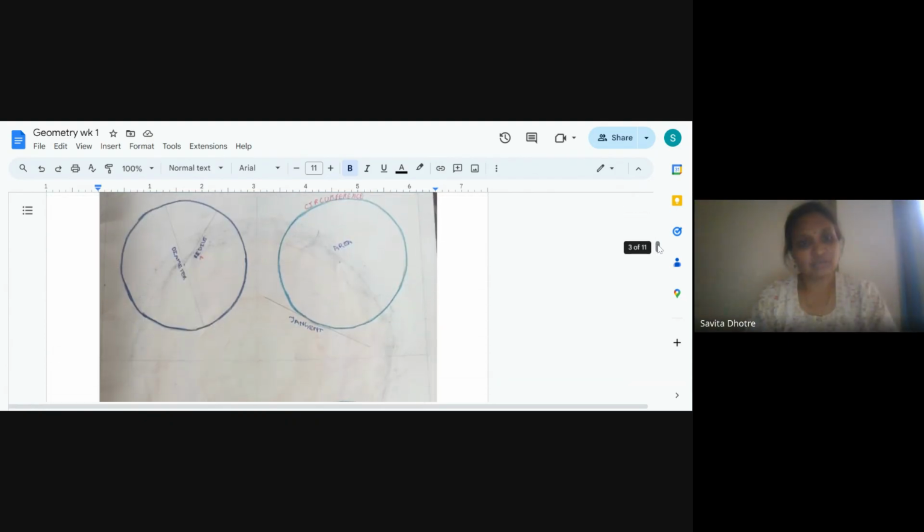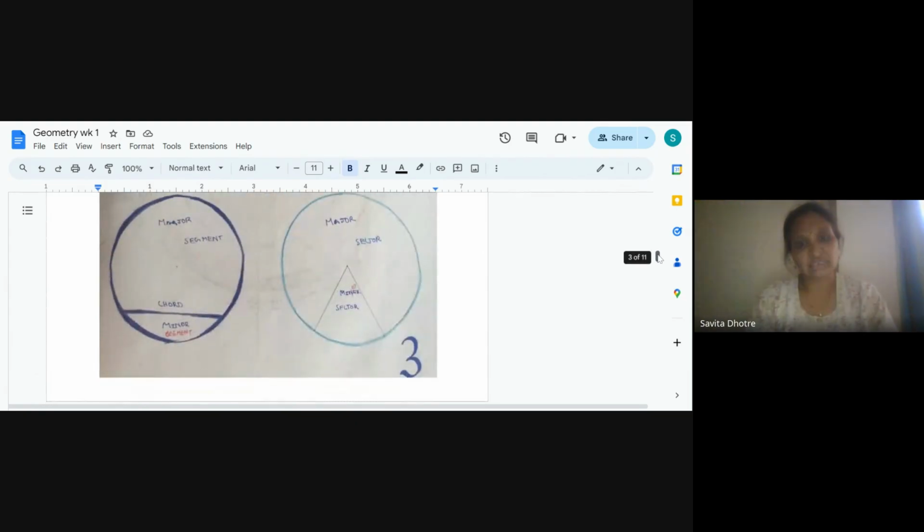And then if you look at it here again, radius, diameter, what is an area, what is a tangent, what is the major segment and minor segment. So when it is divided by a chord, that is major and minor segment. But when it is divided by an arc and an angle, then it is major sector and minor sector. All this I did in movement, and then moved on to working with.